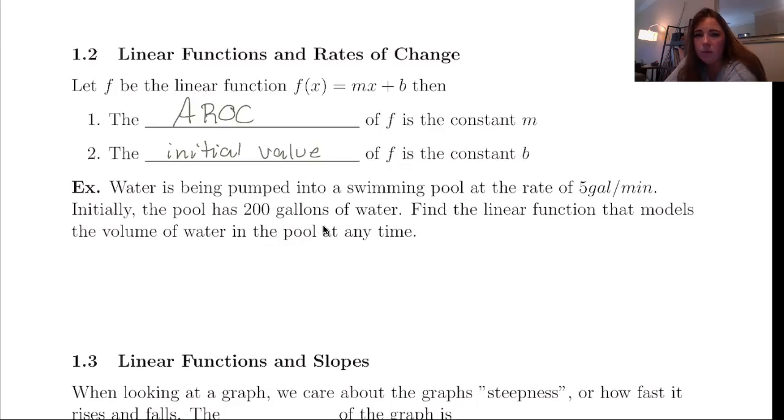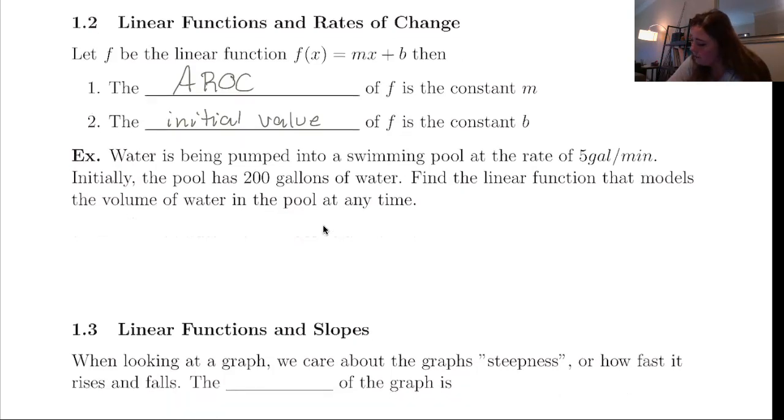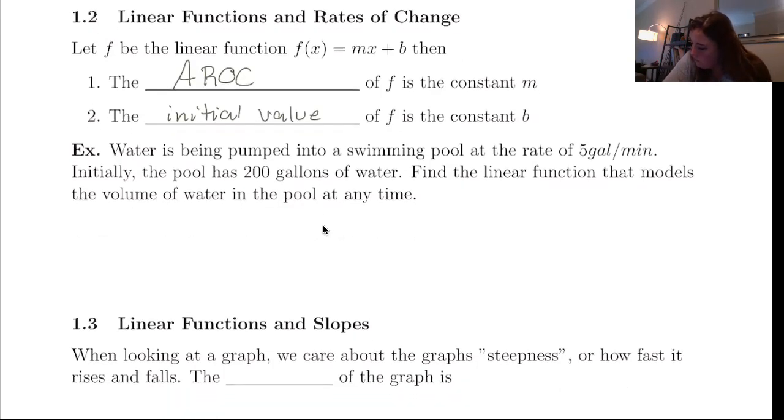X is a variable that I can just change and plug in something and I'll get something back out. But m and b are constants. And in this case, b is going to be our initial value. Okay. So with that, we can use that knowledge right there to come up with some linear functions.